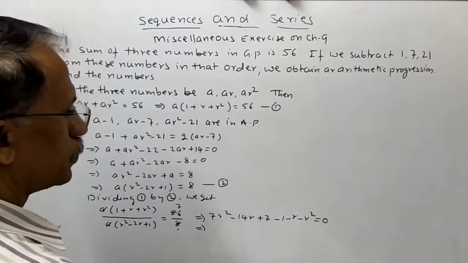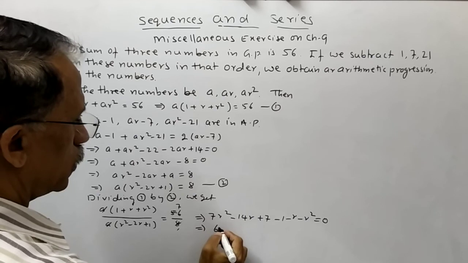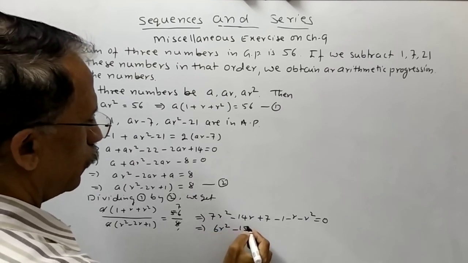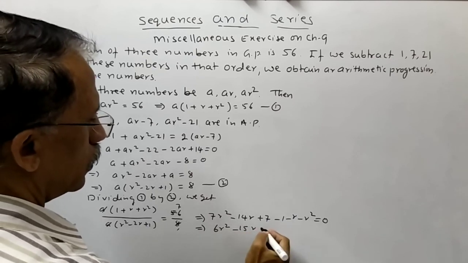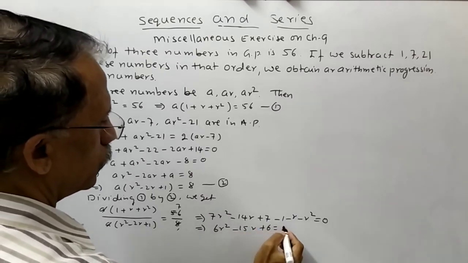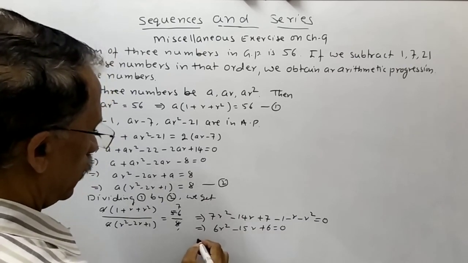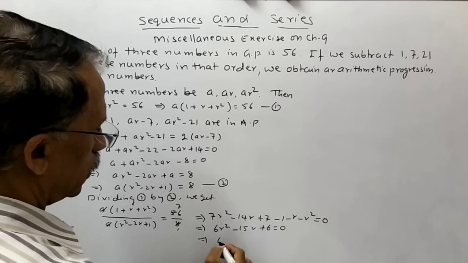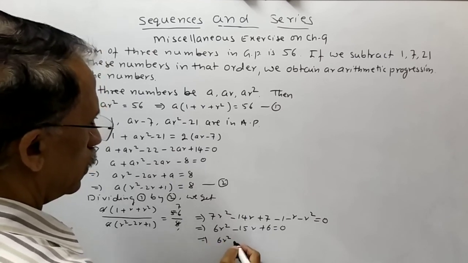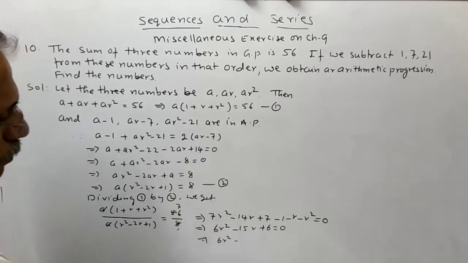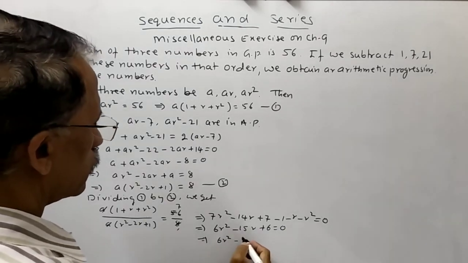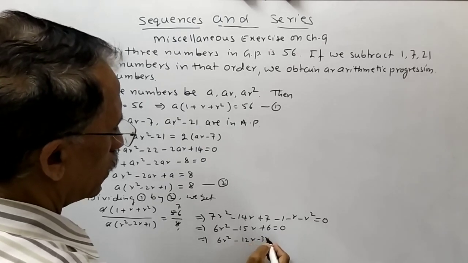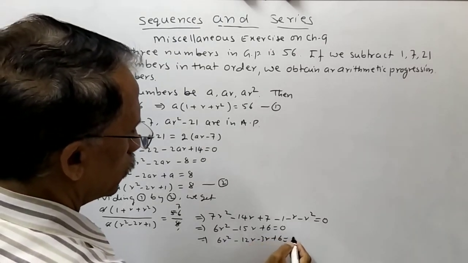This implies 6r square minus 15r plus 6 is equal to 0. Implies 6r square minus 12r minus 3r plus 6 is equal to 0.